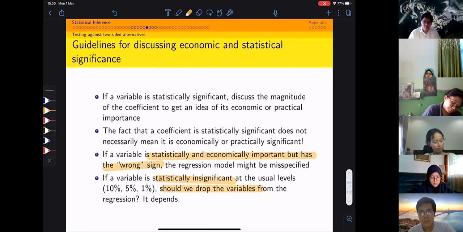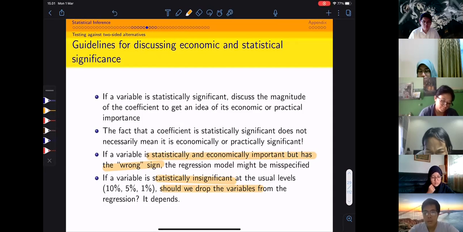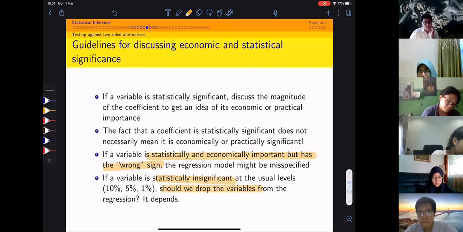If you drop the variable, then you could be facing an omitted variable bias. However, if you include an irrelevant variable, as you recall from the previous chapter, then your regression coefficient will be inefficient, in the sense that your variance will be higher. So you always have that trade-off.